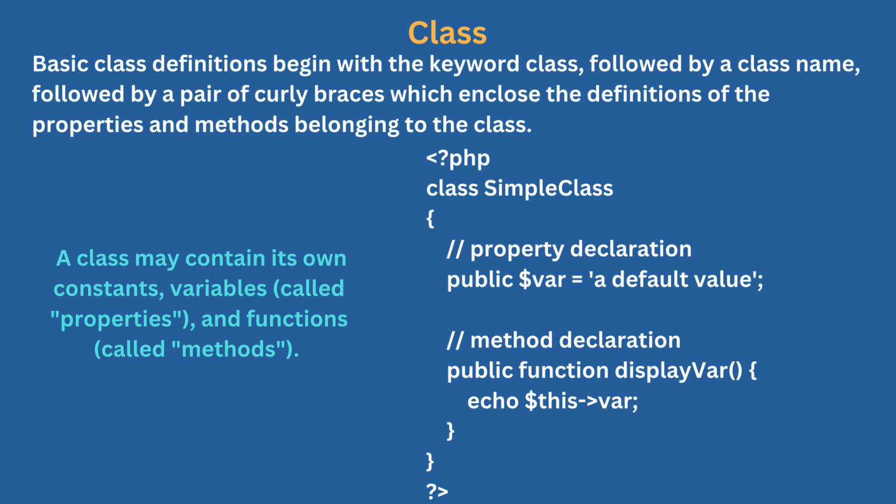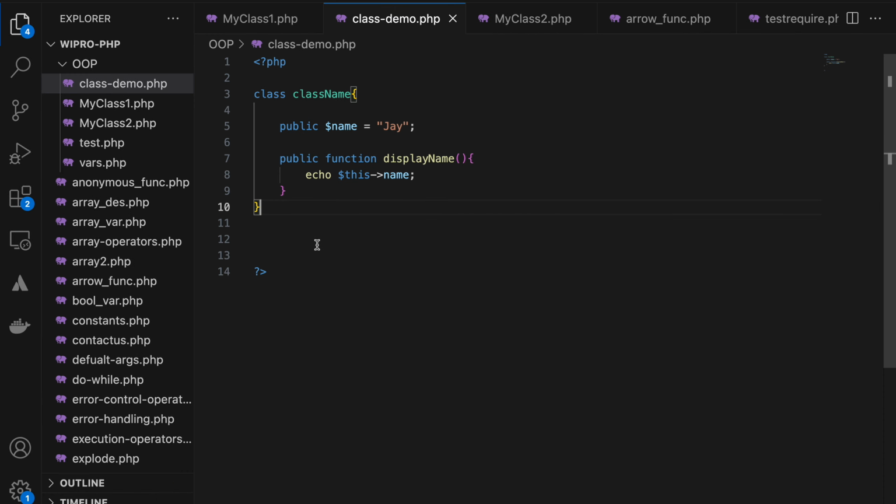So this is the simplest form of class example I'm giving you. Any issue in writing this? This is the class name, this is the property, and this is the method.